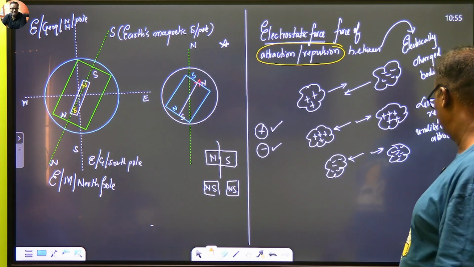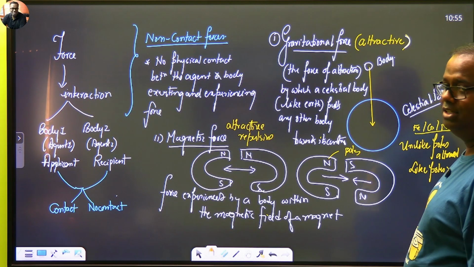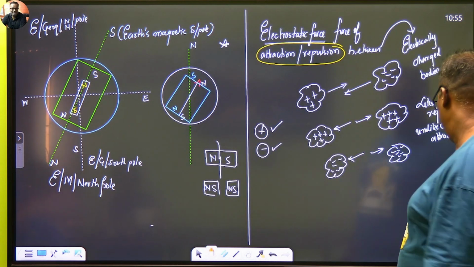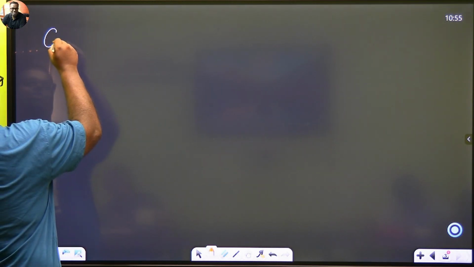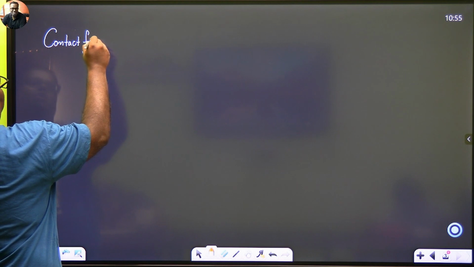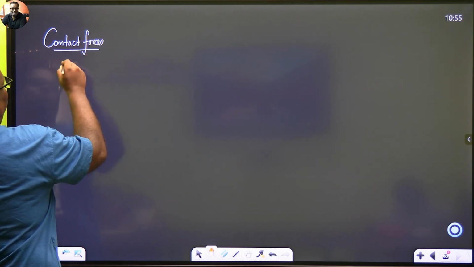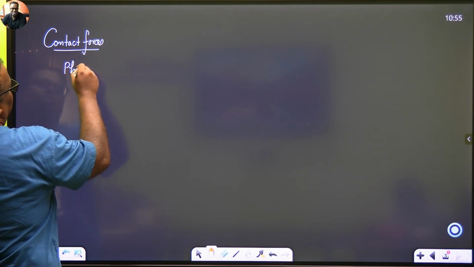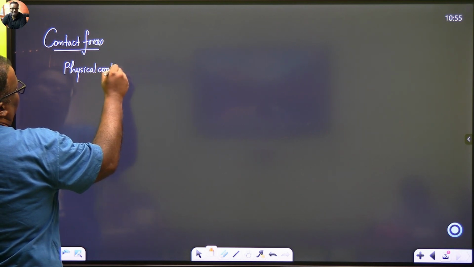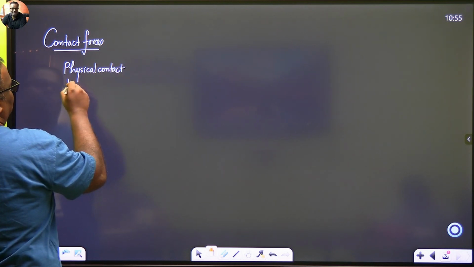हो गए नॉन-कॉन्टैक्ट फोर्सेस. हाँ सर बुड्ढे हो रहे हैं ना. सो कॉन्टैक्ट में कैसा रहेगा? फर्स्ट विल से कॉन्टैक्ट में फिजिकल कॉन्टैक्ट विल बी देयर. सो राइट डाउन कॉन्टैक्ट फोर्सेस. So in contact forces, what we will have? Physical contact. Physical contact between what all?